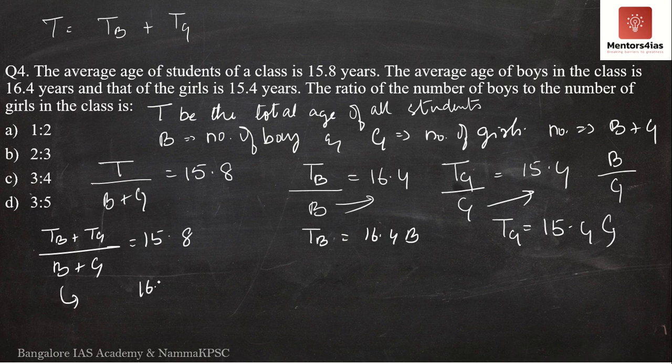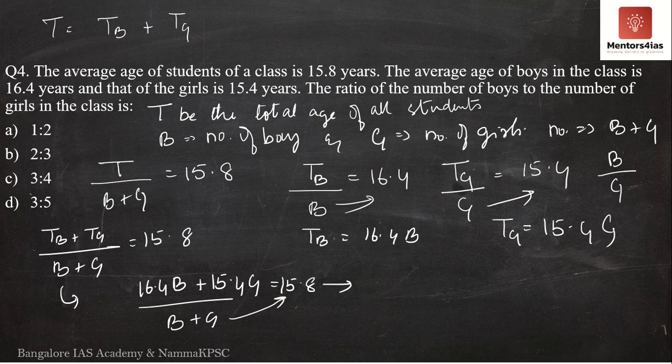We get 16.4B plus 15.4G divided by B plus G is equal to 15.8. Now taking B plus G to the right hand side, we get 16.4B plus 15.4G is equal to 15.8B plus 15.8G.